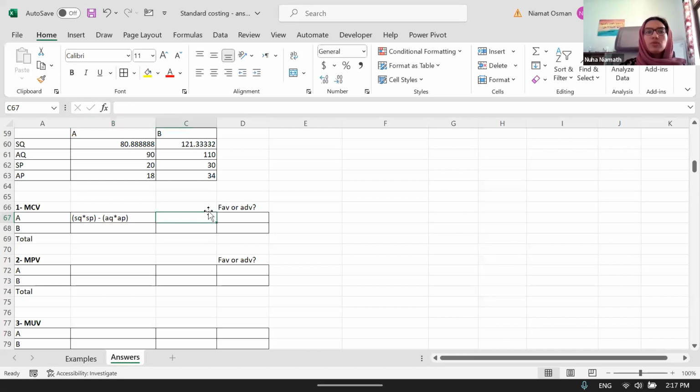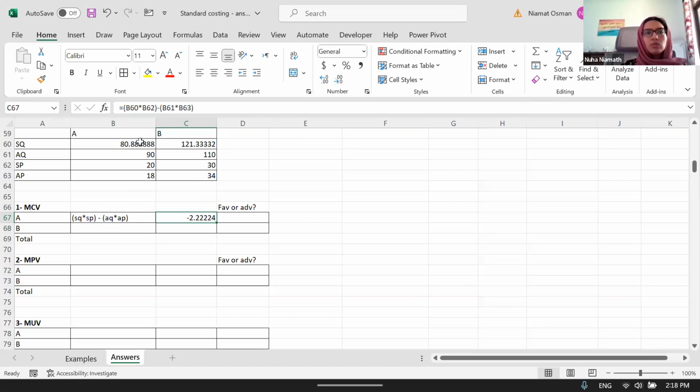So what is that coming to? SQ into SP minus AQ into AP, for A. Oops, what's this?